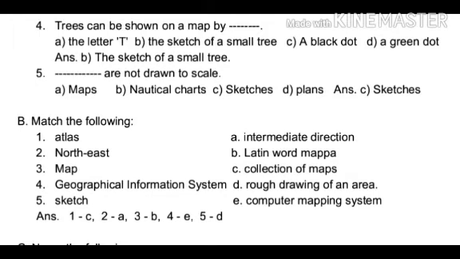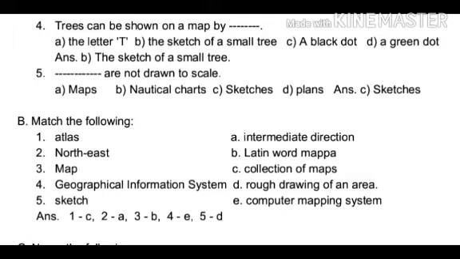Exercise B. Match the following. First, atlas. Option C. Collection of maps. Second, northeast. Option A. Intermediate direction. Third, map.